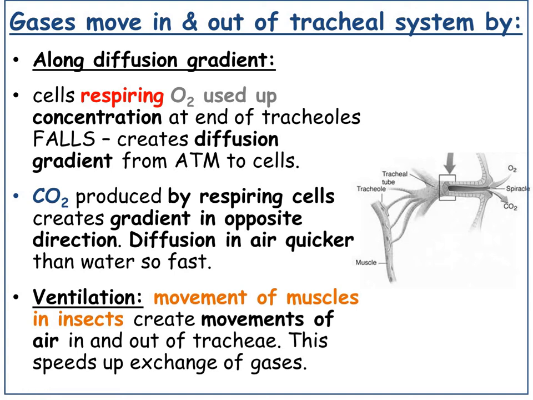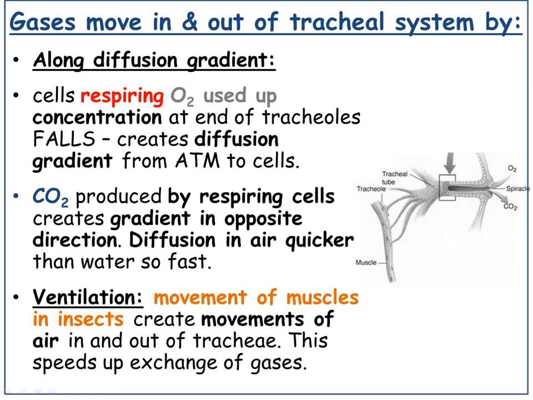So the processes that drive the movement of gases in and out of the tracheal system are, first of all, the diffusion gradient. There is a large diffusion gradient because the cells in the respiring tissues are going to use up oxygen during respiration. So there's going to be a low concentration of oxygen in the tissues. However, there's a higher concentration of oxygen in the atmosphere.